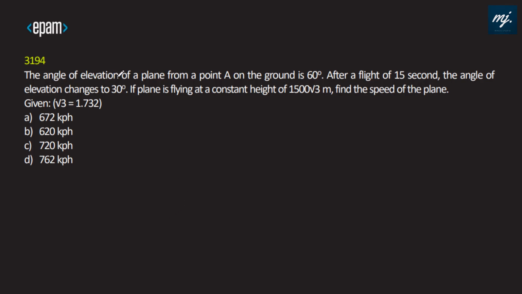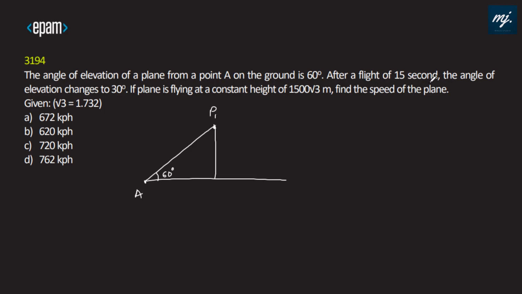The angle of elevation of a plane from a point A on the ground is 60 degree. Okay, we have a point A on the ground and, suppose this is the plane at a certain height, this angle of elevation is 60 degree. Plane at P1.